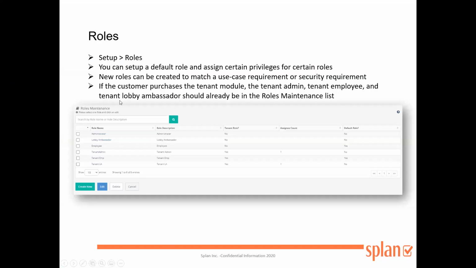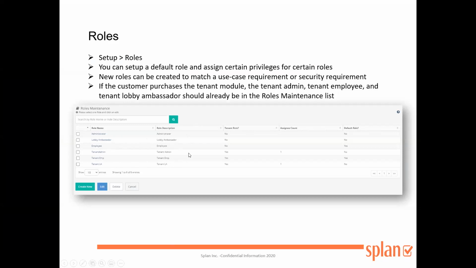Under roles, you can assign the default roles, and then of course you can adjust privileges for other roles. New roles can also be created in between, for example if you did not want someone to have delete or purge. In here you'll also see there are tenant roles.